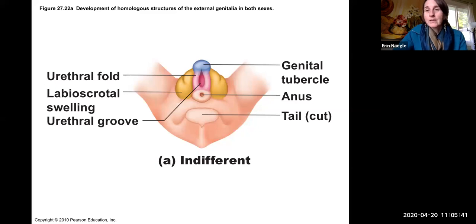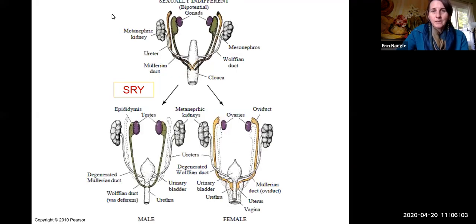So when we look at things like the bulbourethral gland in males and the greater vestibular gland in females, those develop from the same origin in males and females, right? And as we just talked about, the gonads would be homologous structures, in that the ovaries and testes are both developing from these gonadal ridges. So that's what we mean, developing from the same origin, but one develops slightly differently in males versus females.